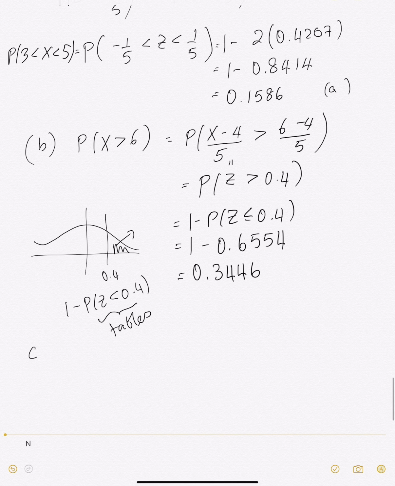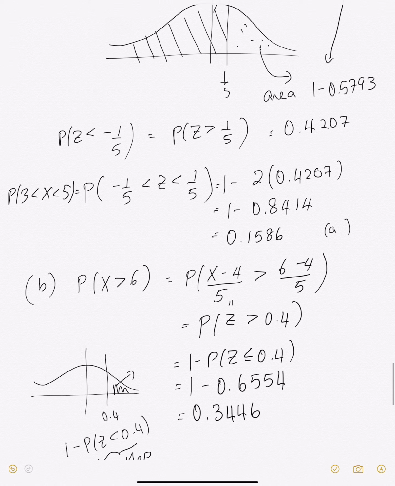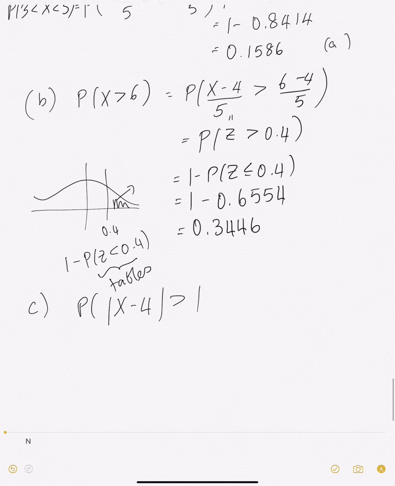And lastly, part C, what you're asked is, what's the probability that x minus 4 in absolute value is bigger than 1? Okay. Well, what is this? You want x to be at least 1 away from 4.